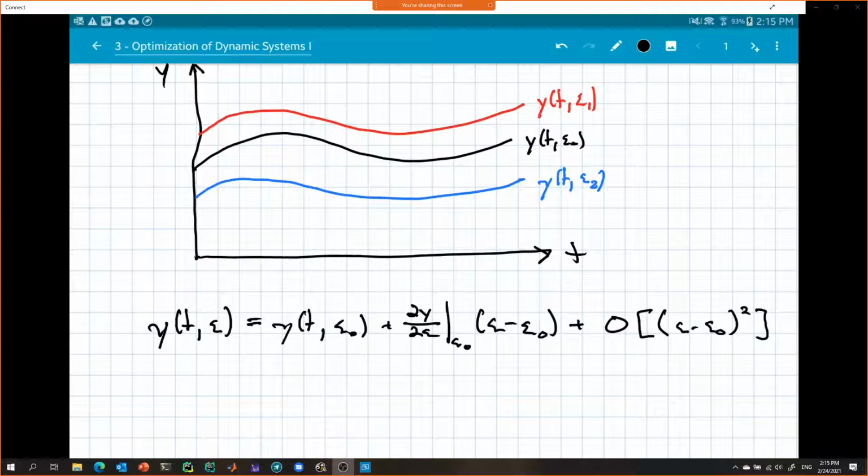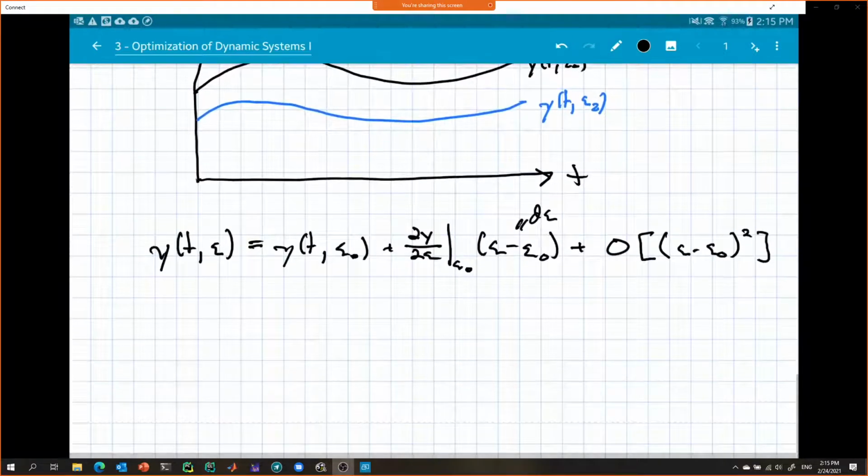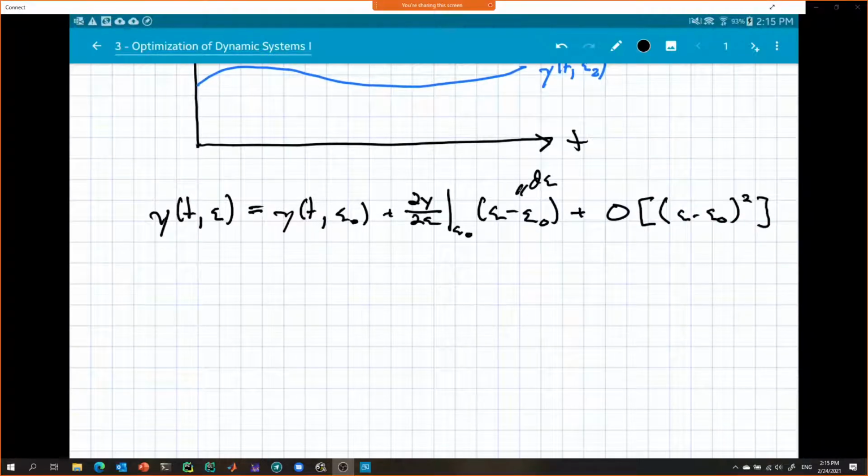And for convenience, I'm going to call this delta epsilon, or d epsilon.